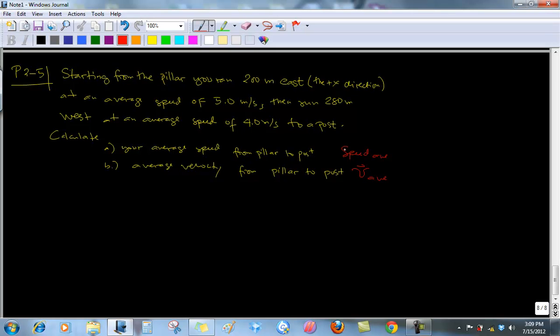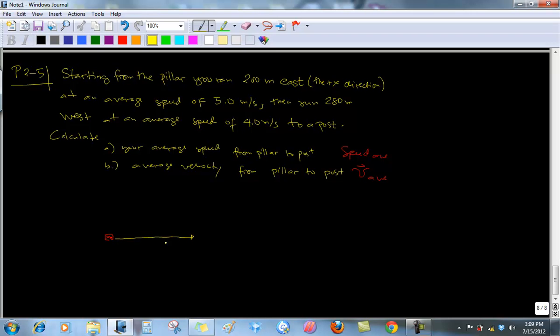Now, what happens here? Let's try to sketch this problem. Here is the pillar. What's a pillar? A column maybe, or more like a post. Okay, you run 200 meters east, so you run to the right.